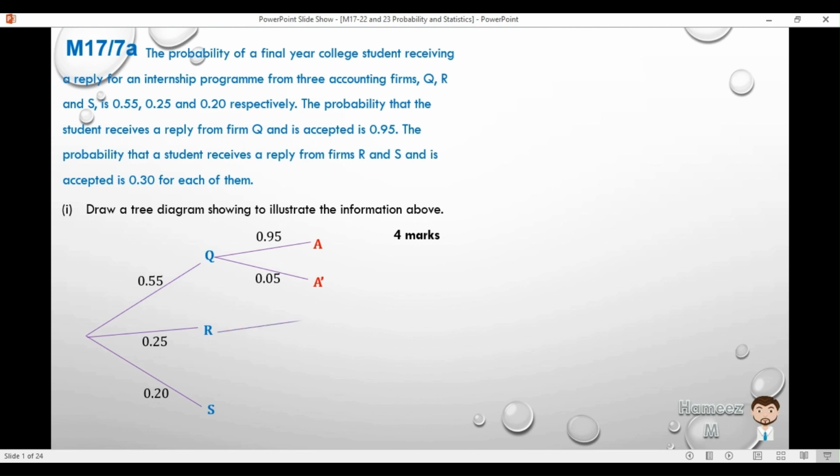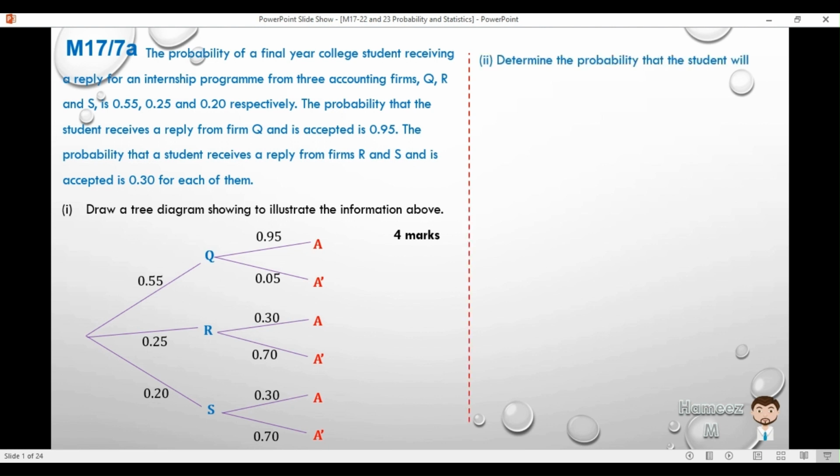Similarly, at R, the acceptance probability is 30%, and of course, not being accepted would be 70%. Similarly, for S, same thing as at R, acceptance possibility is 0.30 or 30%, and not being accepted will be 70% or 0.70.